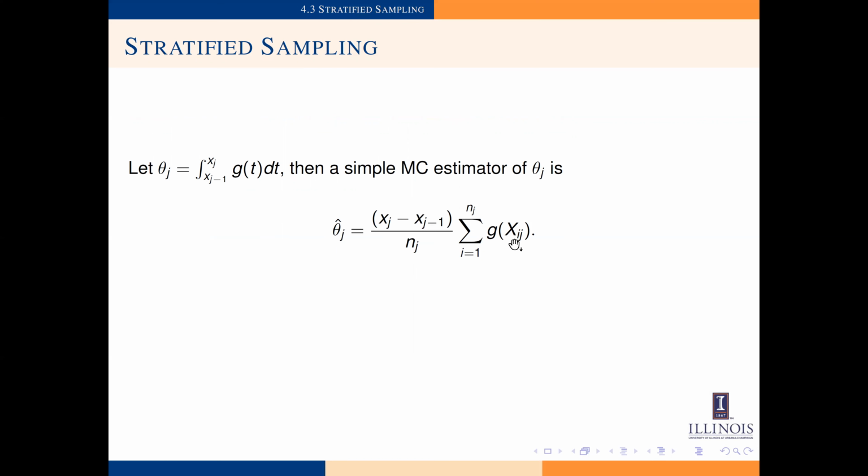So here, the x_ij's are random samples obtained from the uniform distribution between x_{j-1} and x_j. So we draw a total of n_j of them for the jth interval.